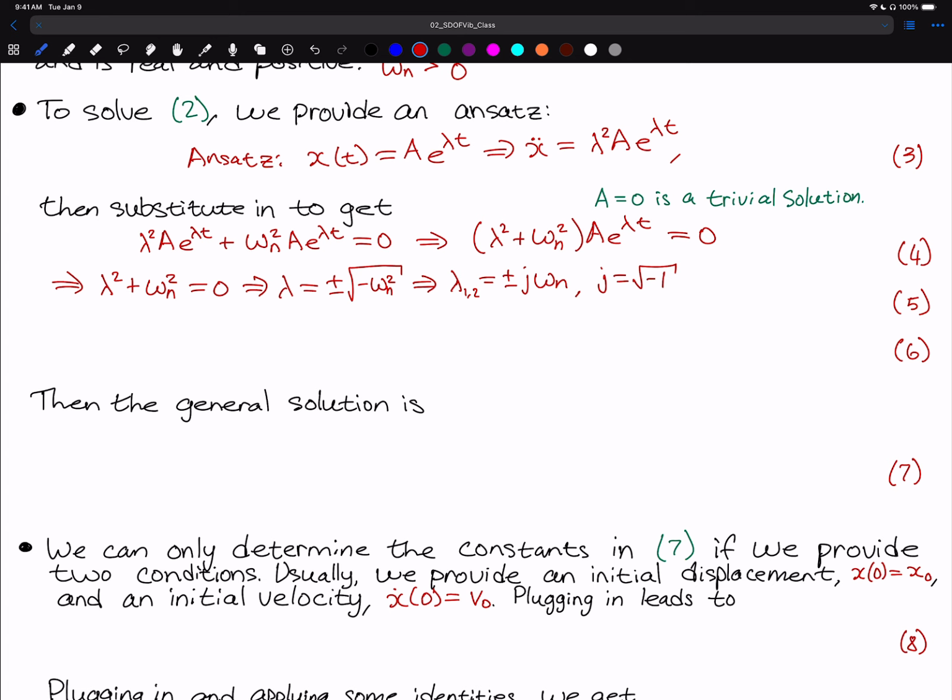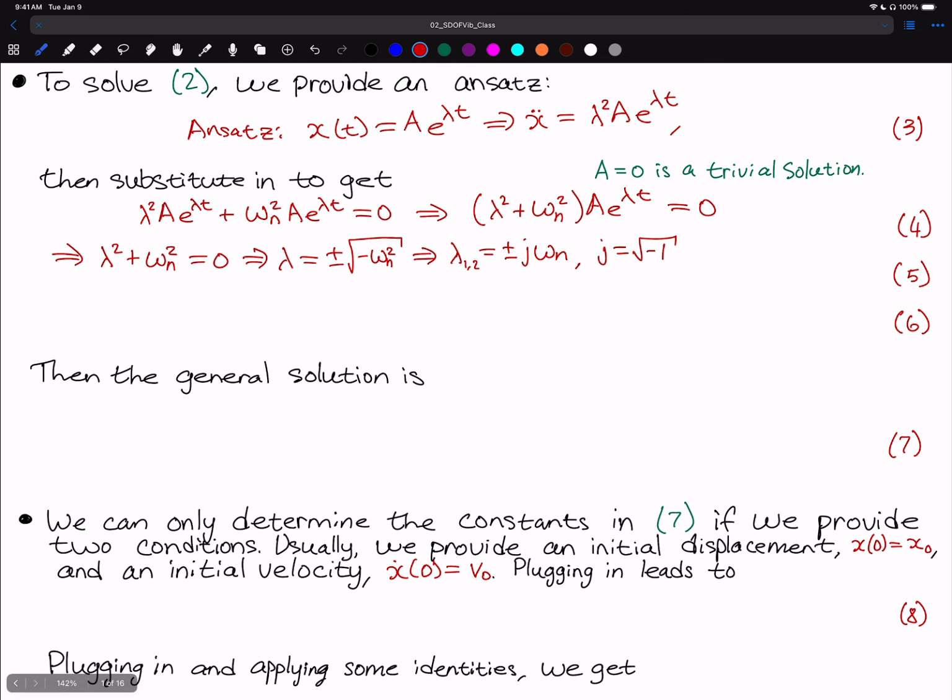So we have a lambda 1 that corresponds to the positive, and a lambda 2 that corresponds to the negative. This is going to give rise to two constants. Lambda 1 is going to correspond to constant A1. Lambda 2 is going to correspond to some constant A2.